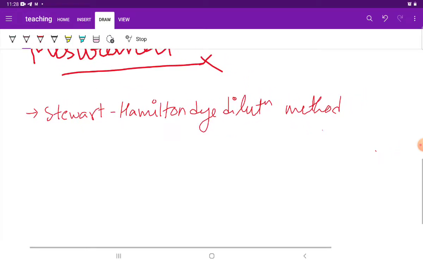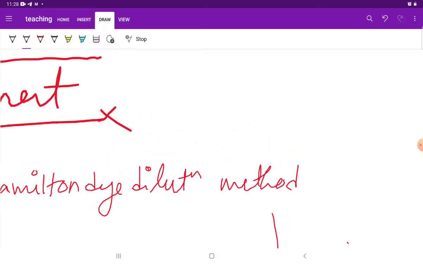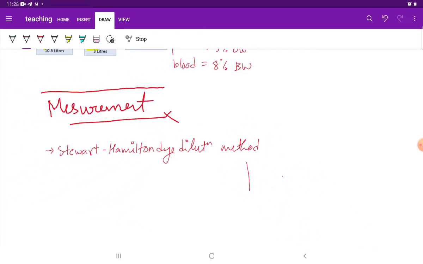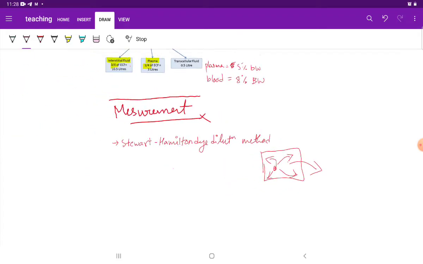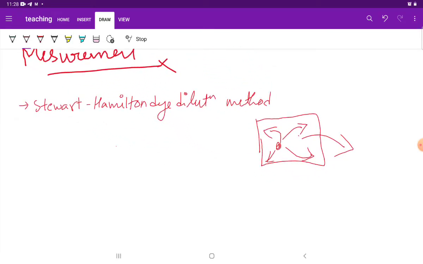Secondly, the dye should not leave the compartment. If these two parameters are fulfilled, then only we use this particular method.